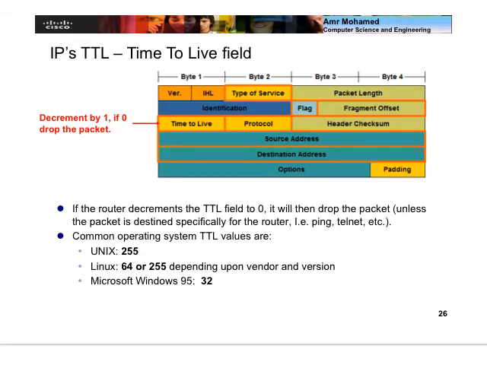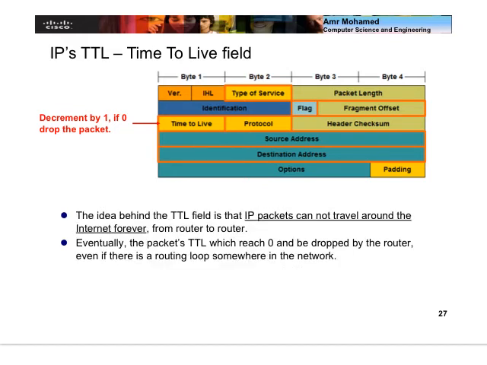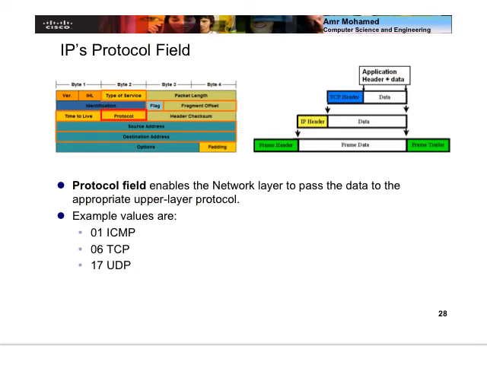If it decrements it by 1 and finds that it's 0, then it simply drops the packet. And this happens at every single router.